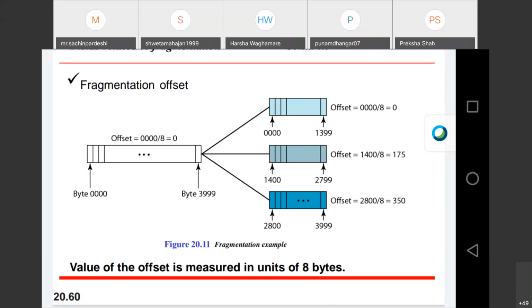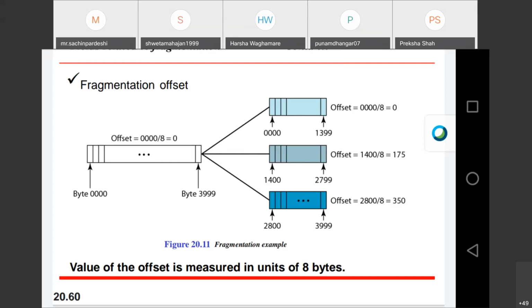So here if you see this one datagram, the datagram size is 4000 bytes. Now this datagram is divided into 3 parts. In the first part, 1400 bytes of data are added.